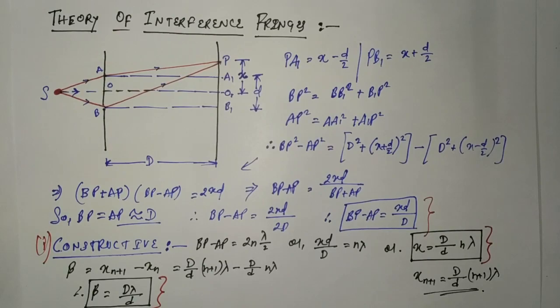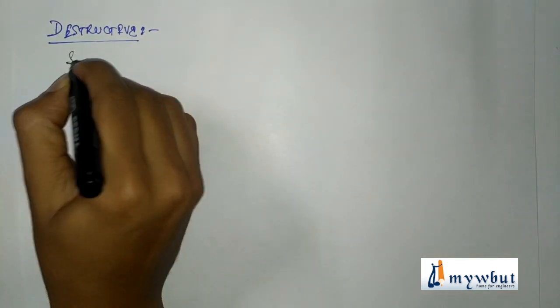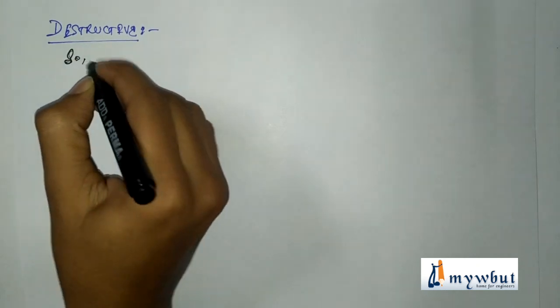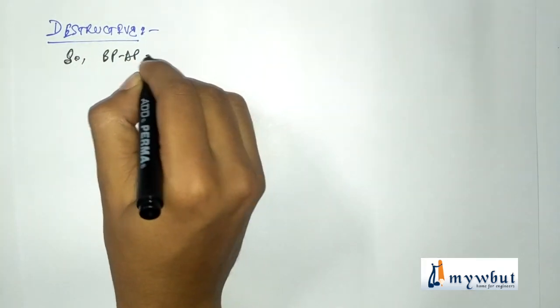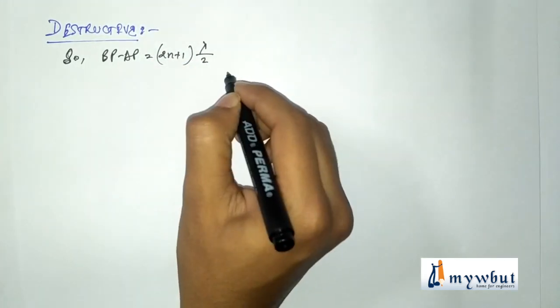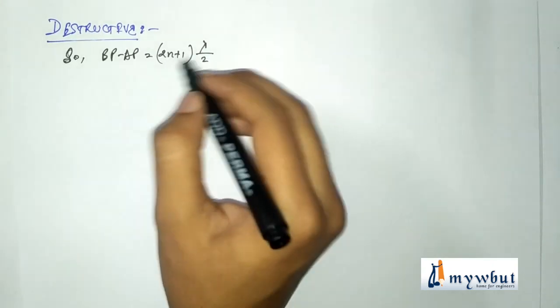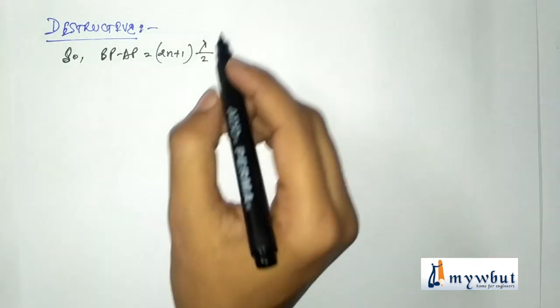Now we'll further proceed to destructive. So for destructive, the path difference BP minus AP is an odd integral multiple of lambda by 2. So we can write BP minus AP is equal to 2n plus 1 lambda by 2, where you can already remember that n equal to 0, 1, 2, 3, like this.